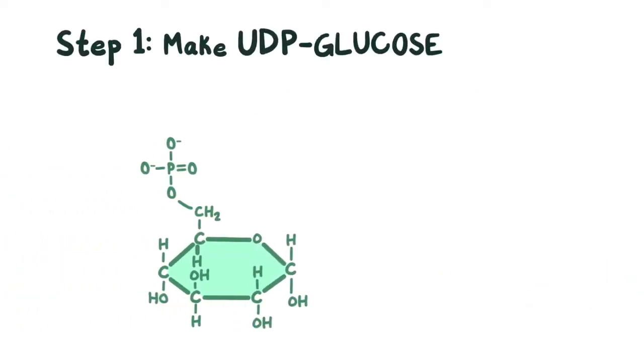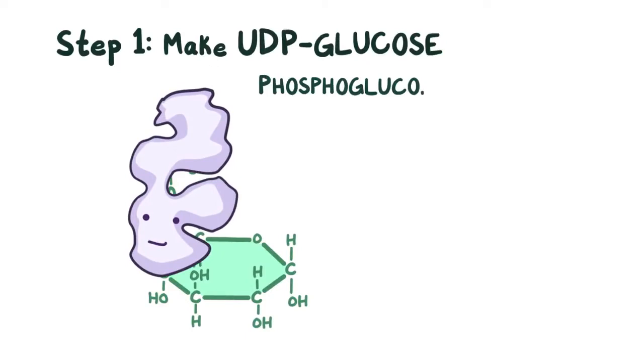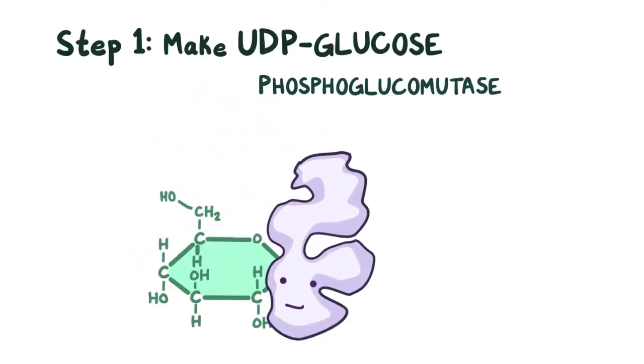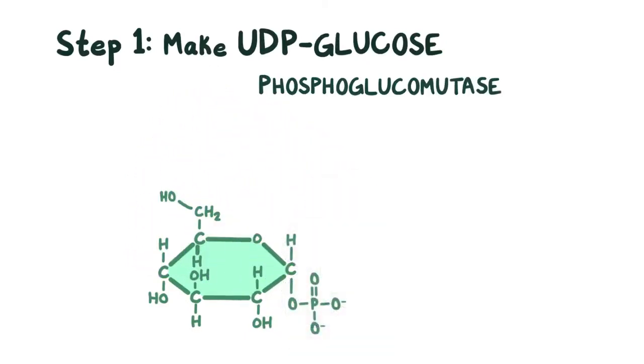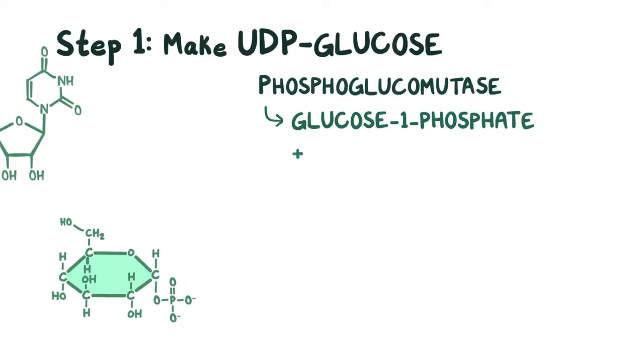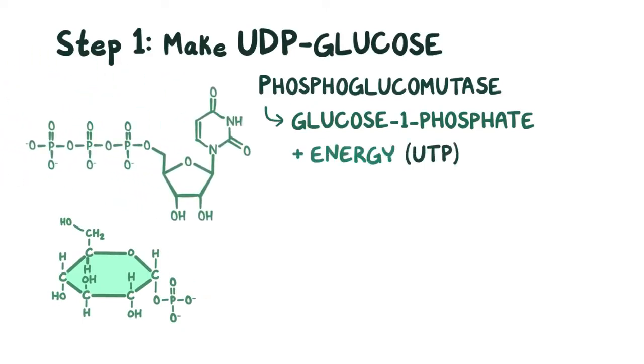So starting with step 1, to make UDP glucose, an enzyme called phosphoglucomutase moves the phosphate from the 6th carbon of glucose 6-phosphate to the 1st carbon, creating glucose 1-phosphate, which uniquely comes in the form of uridine triphosphate, or UTP.